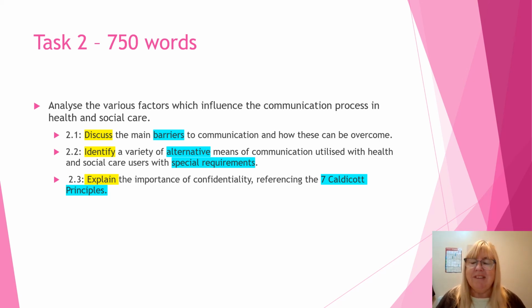2.2 is identify a variety of alternative means. And we know there's lots of alternative means, but we want to think about people with special requirements like disability, hearing loss, visual loss, learning disability, physical disability, vocal, people who have no speech.